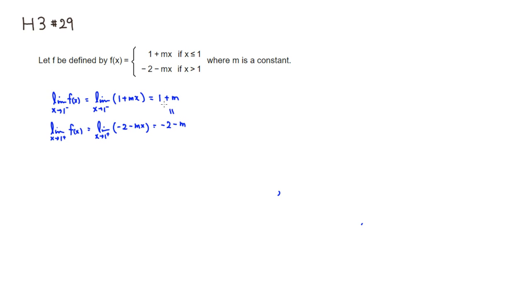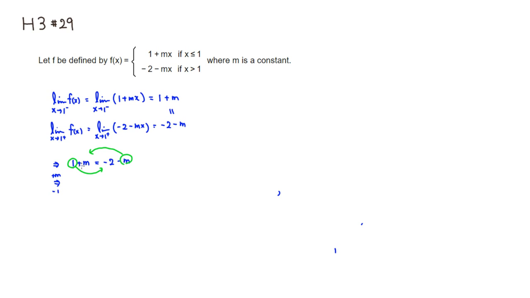So we have this equation: 1 plus m equals negative 2 minus m. I'm going to put all the m's on the left and everything else on the right. First we add m, moving it over to this side, and we get rid of the 1 by subtracting 1.